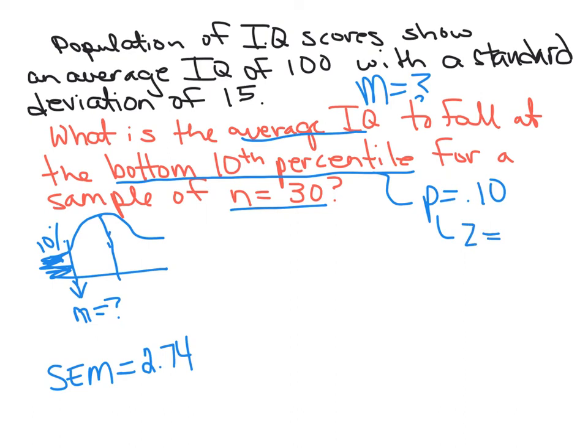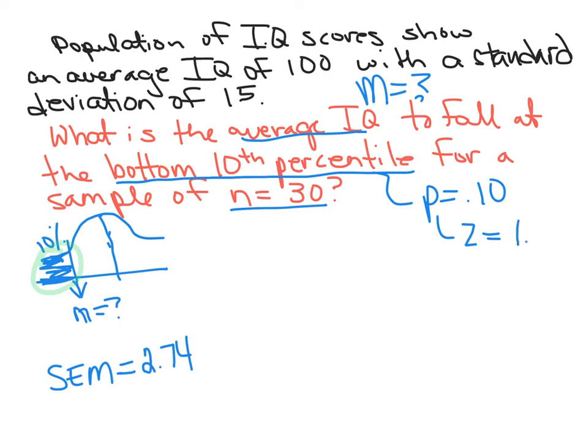We're going to look in our tables and find the proportion in the tail, because that's where this is located, where the 10th percentile in the bottom is right here. So we're going to look up z in the tail 0.10, because that is 10% when you move the decimal over. So again, that's 1.28, right?